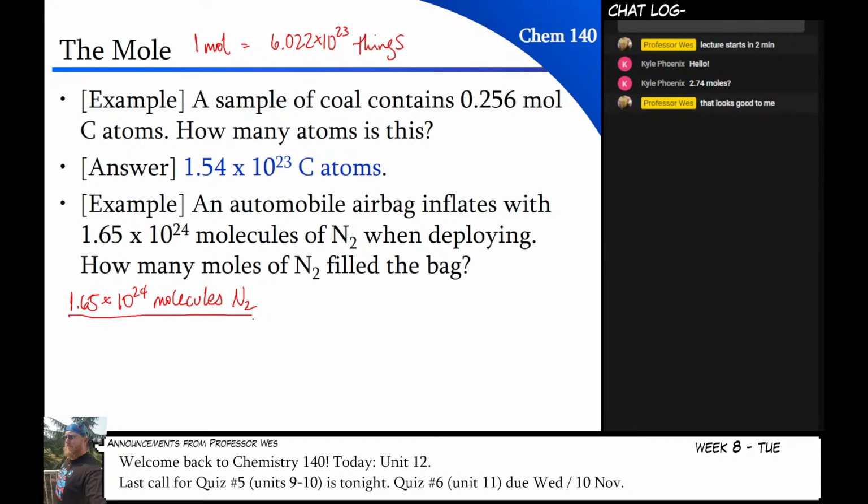All right, and if I want to convert that to moles, then I just put the units that I don't want out down here, and the units that I do want up here. Now, it's real easy to get molecules and moles mixed up. So again, always, always, always be writing out your units.